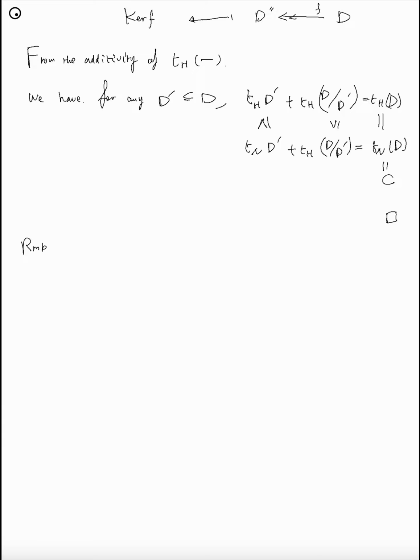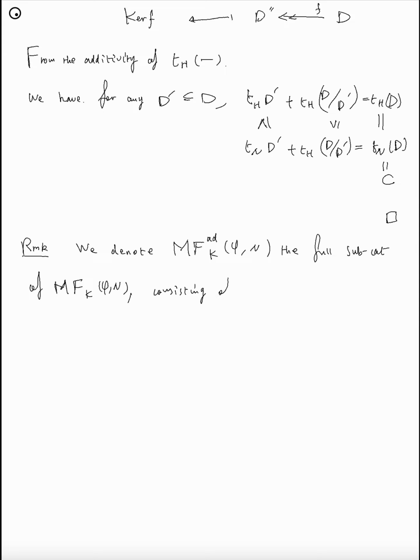Remark. We denote MF admissible K phi N the full subcategory of filtered phi N modules over K, consisting of admissible filtered phi N modules.